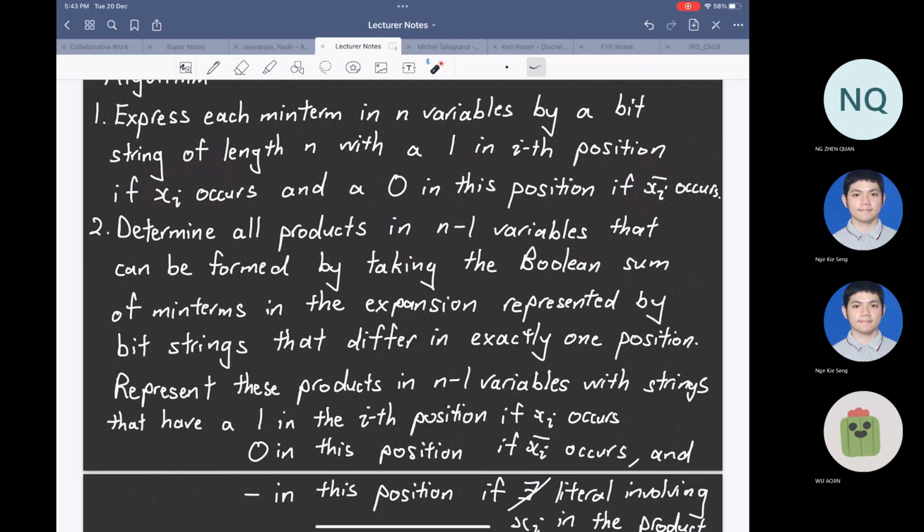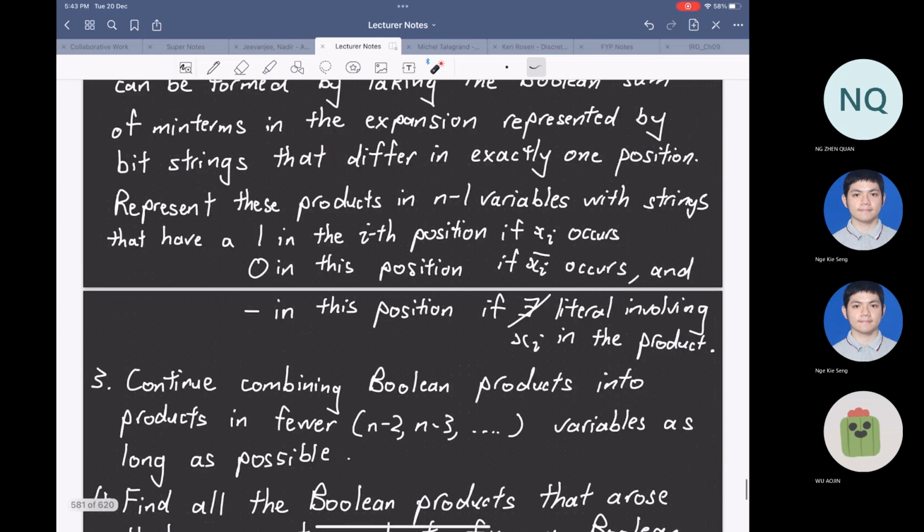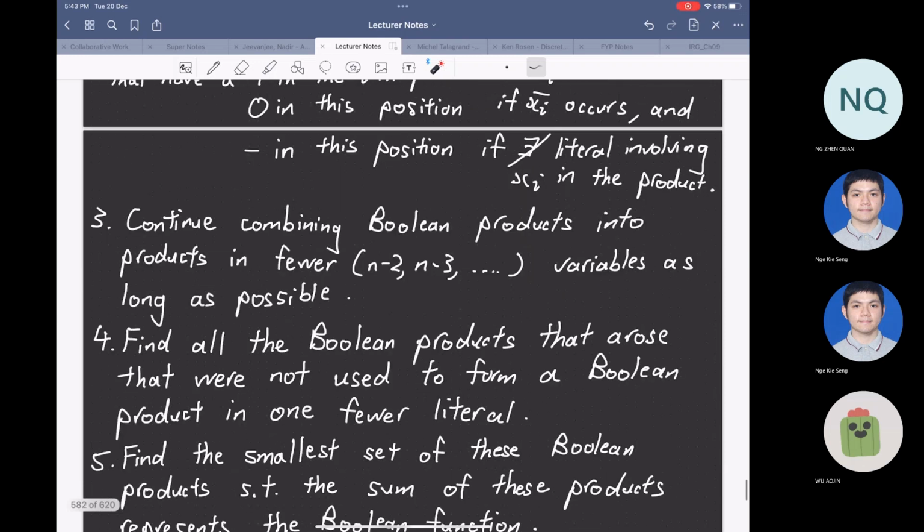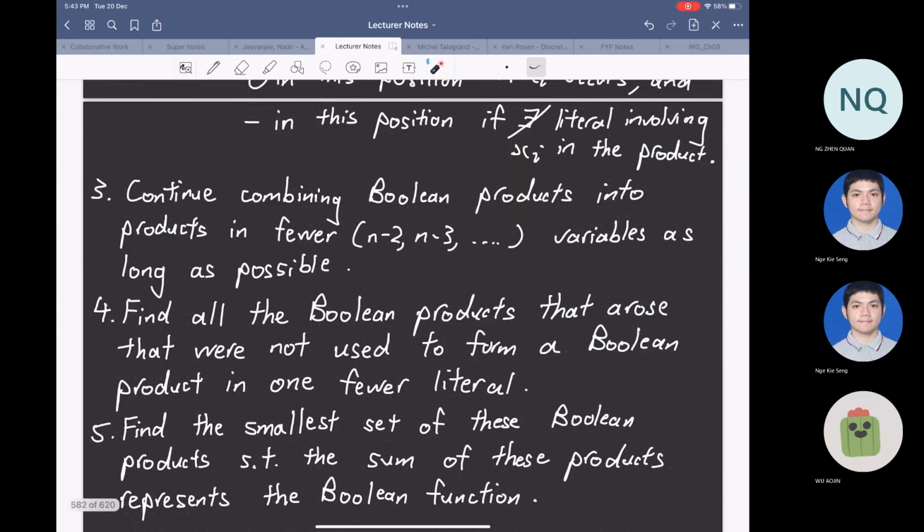And then you reduce one by one until the end. After you combine all the variables, you find all the Boolean products that are not used to form another product. And then you find the smaller set that sums up to the Boolean function.